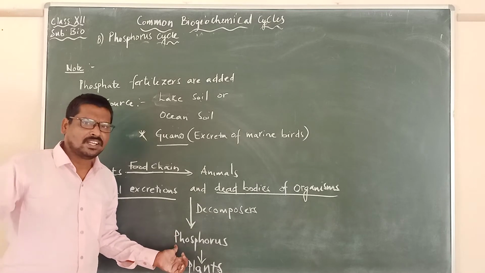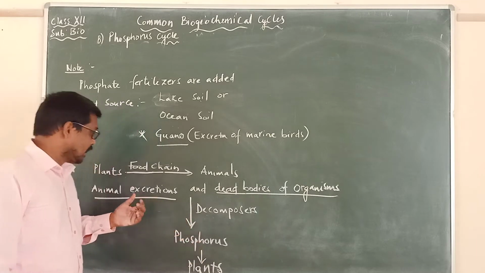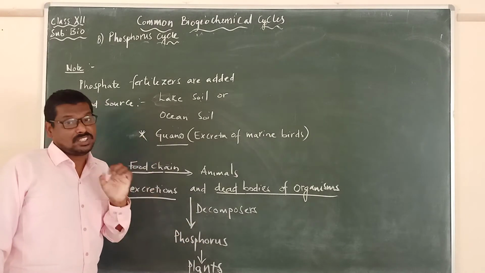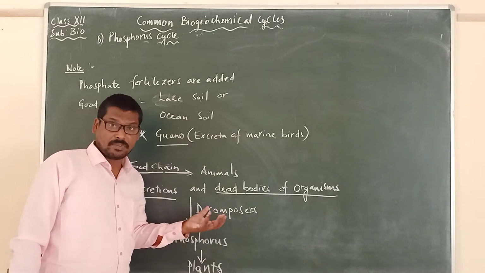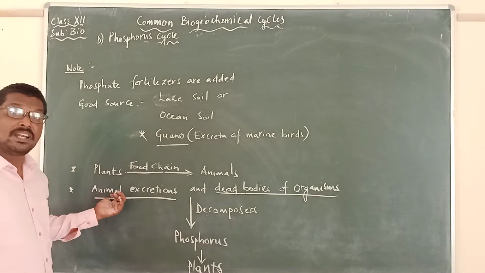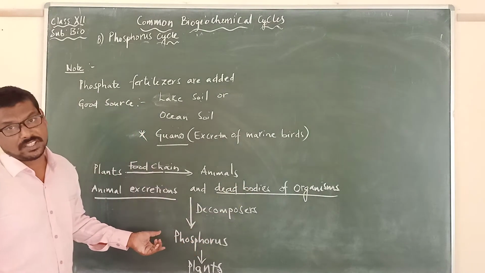The phosphate is converted into a simple form, that is phosphorus. So the point you have to remember is that by decomposition, some of the organisms, the microbes, convert the animal excreta and also the dead bodies of organisms into phosphorus.